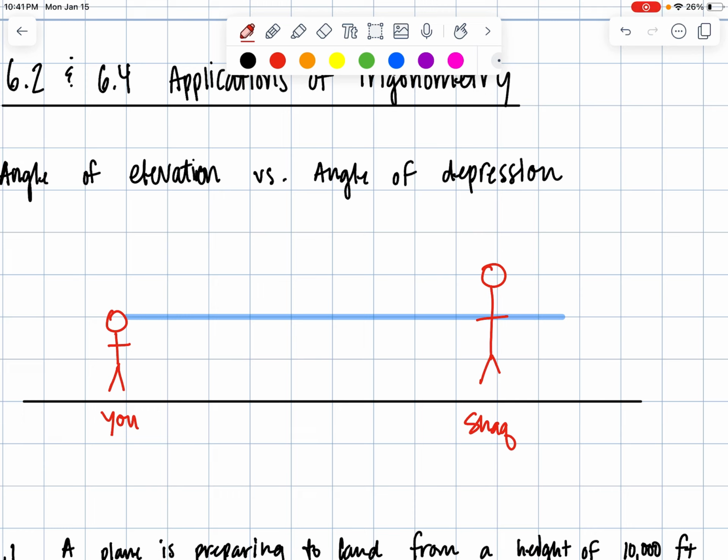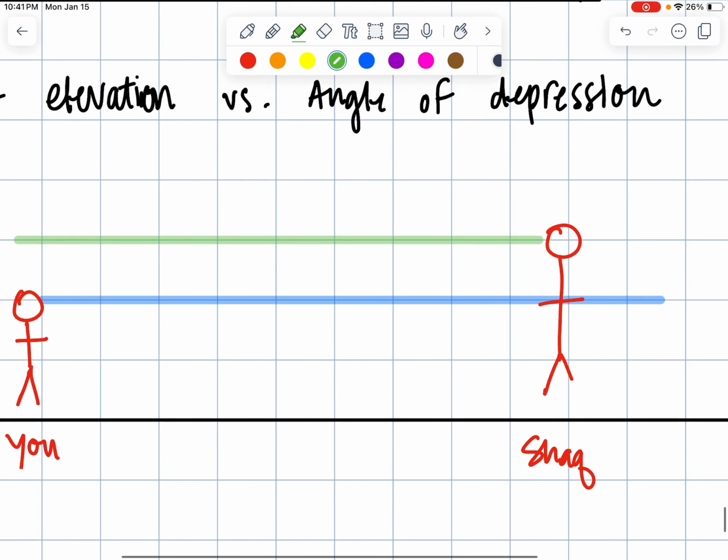Now, if you're looking straight at him, you're probably looking at his arms in this particular diagram. Versus Shaq, if he's looking straight across towards you, his line of sight, let's do this in the highlighter, is way over your head. Okay, so this is your horizontal line of sight.